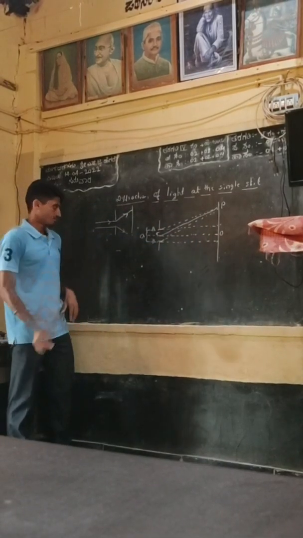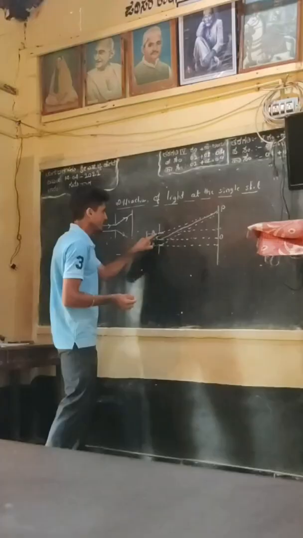Then we have to draw a perpendicular line from A to B.